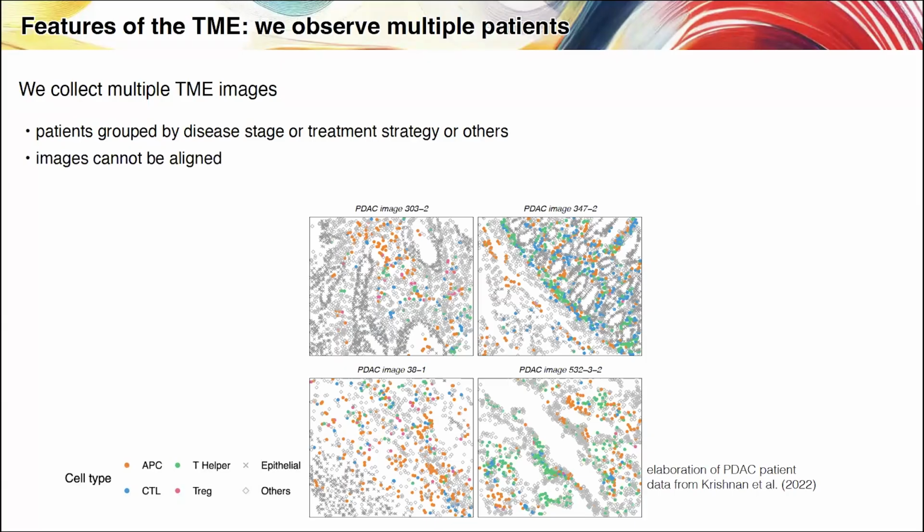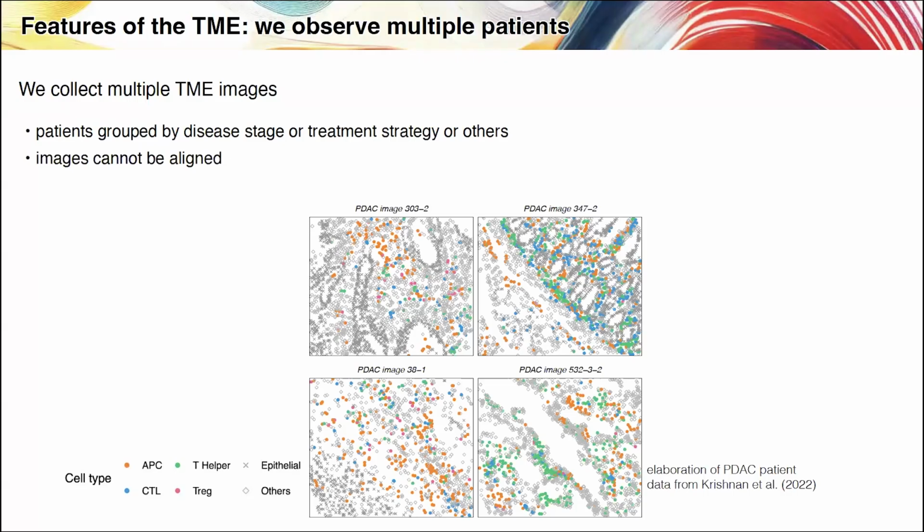We may want to figure out what's the signal in these images that makes all these patients similar to each other, and what's the noise, what's just patient variability. And another important aspect of these images is that they cannot be aligned, right? If I take an image from this patient and an image from a different patient, I cannot overlap them, and they're not referring to the same tissue because they're simply different patients, right?